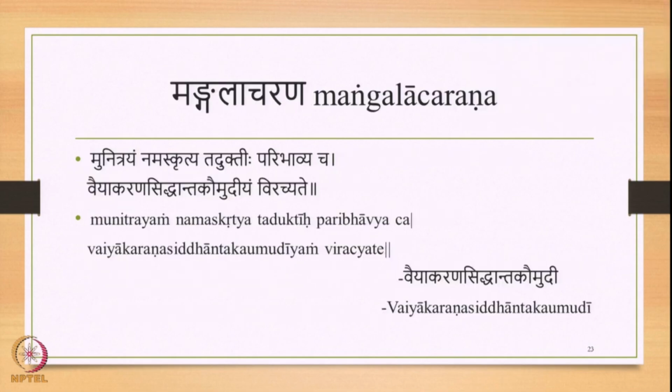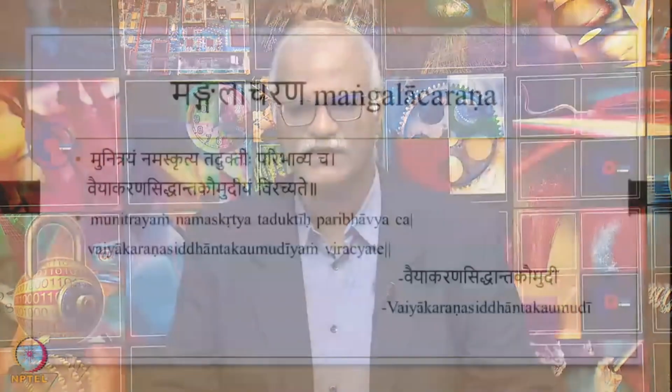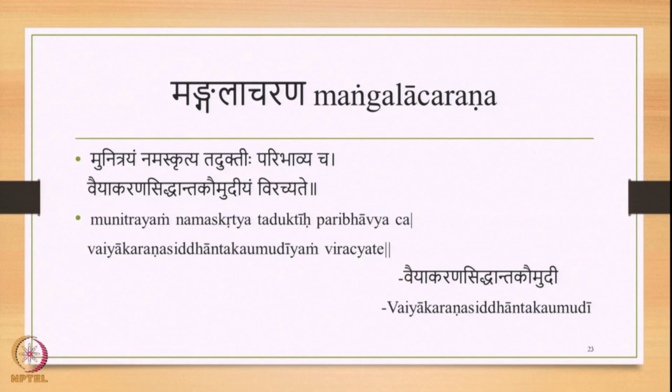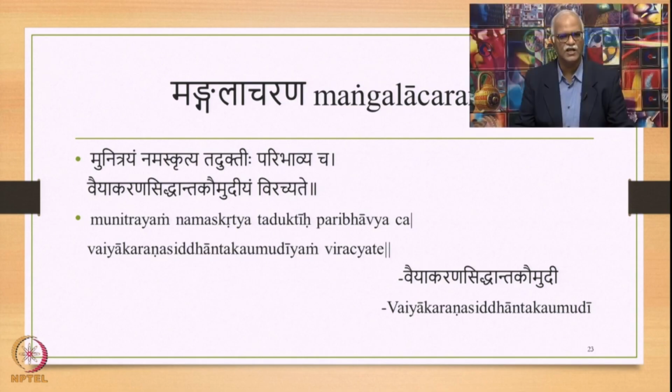Now, as is our practice, let us end this lecture by reciting an important Mangalacharana, and this is taken from a text called Vyakarana Siddhanta Kaumudi, and the Mangalacharana is Munitrayam Namaskritya Tadukti Paribhavyacha Vyakarana Siddhanta Kaumudiyam Virachyate. I repeat, Munitrayam Namaskritya Tadukti Paribhavyacha Vyakarana Siddhanta Kaumudiyam Virachyate.